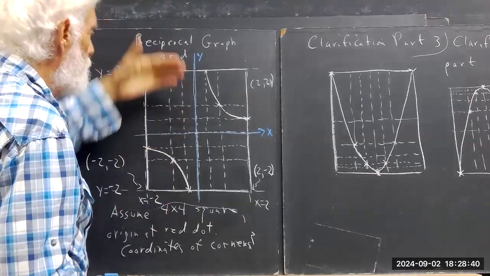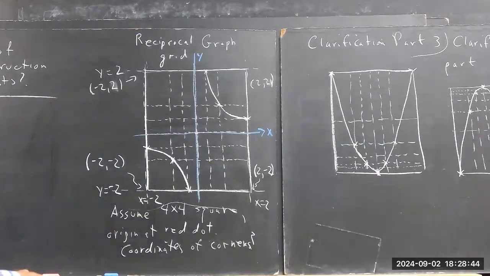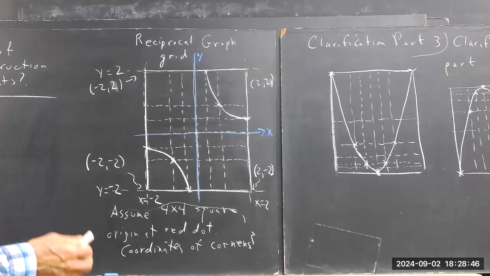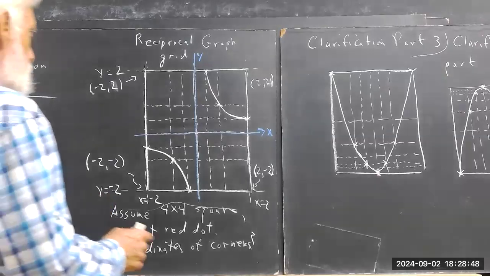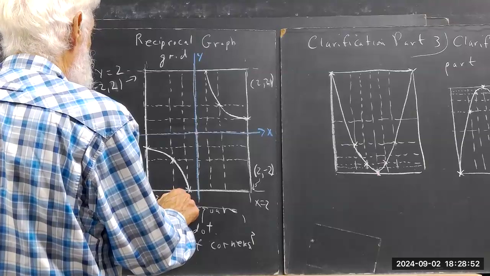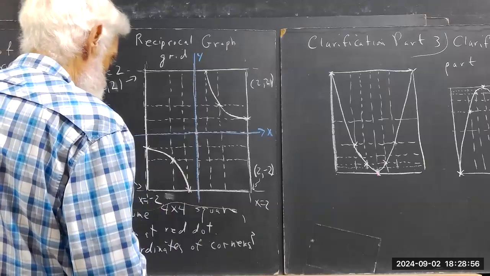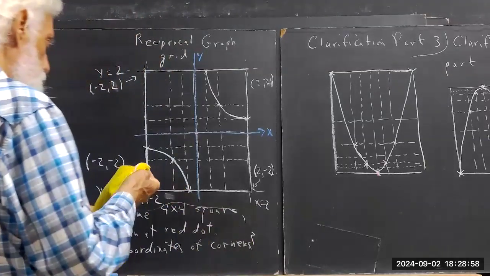I assume that we know very well from what was done for the exponential functions that this line here is x equals -1. I'm not leaving myself enough room.